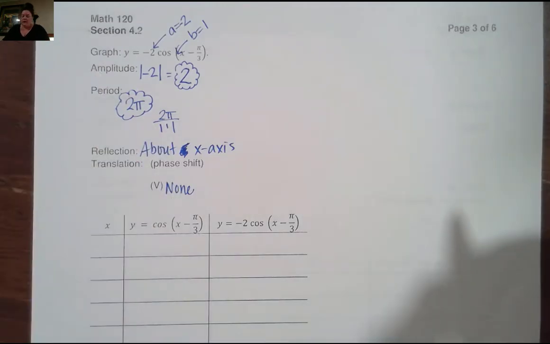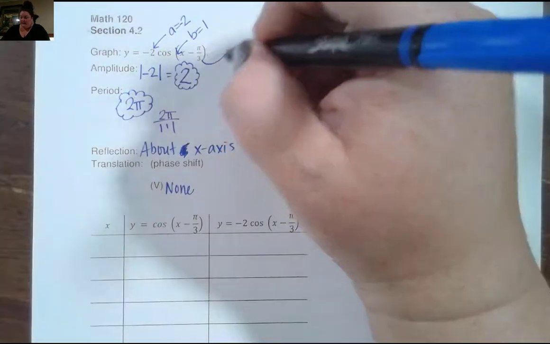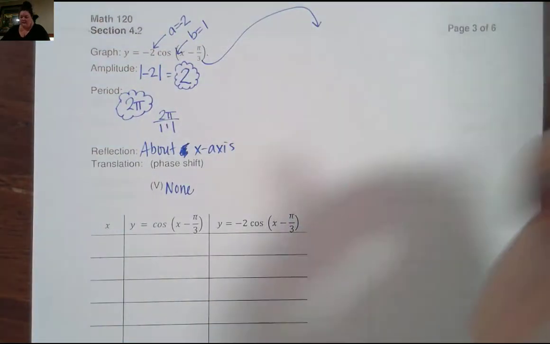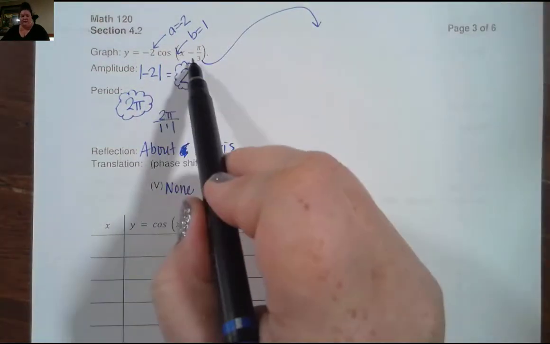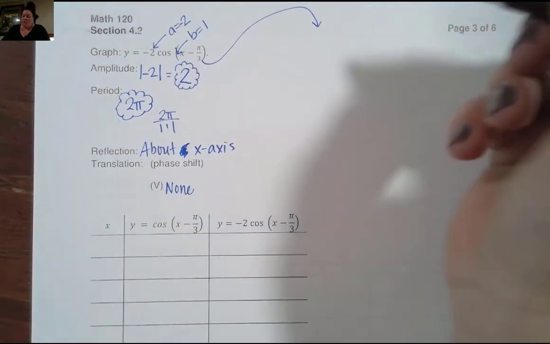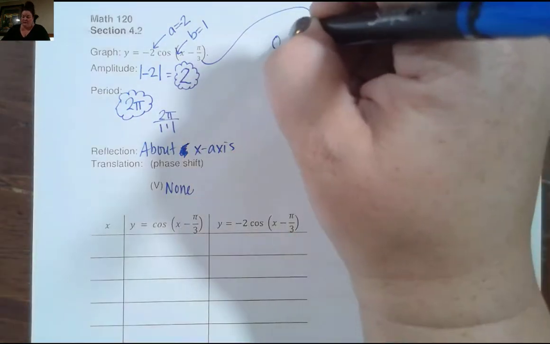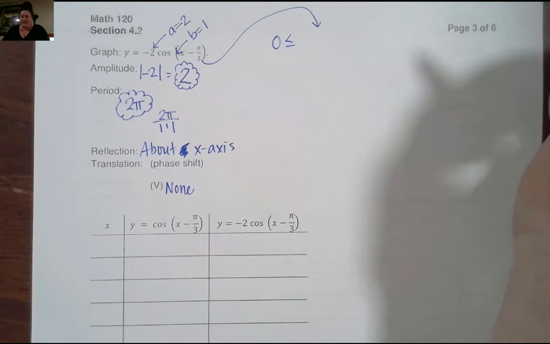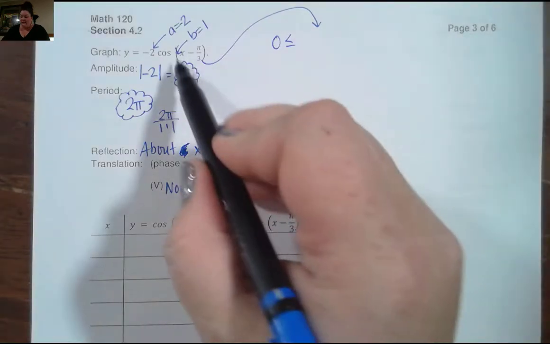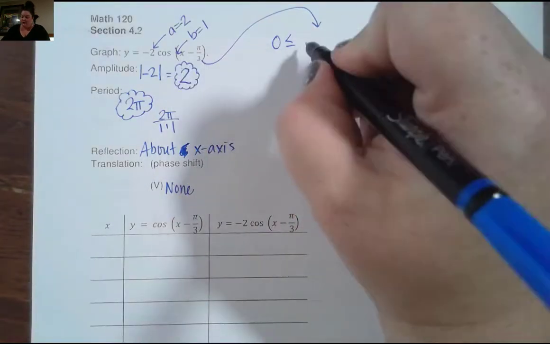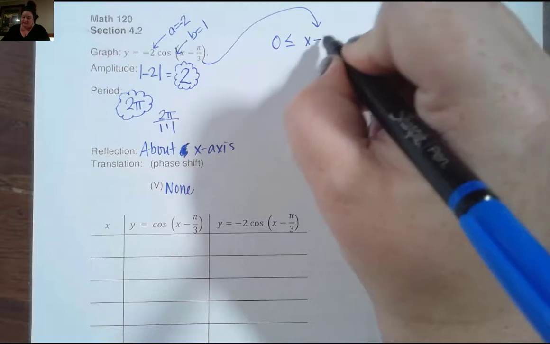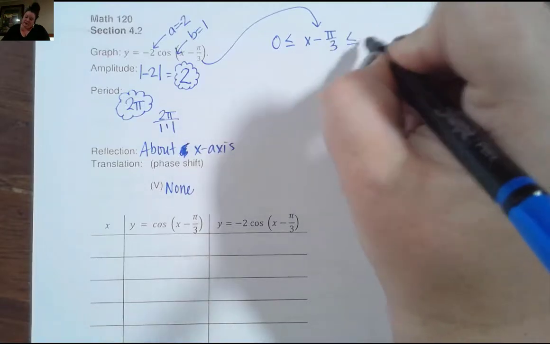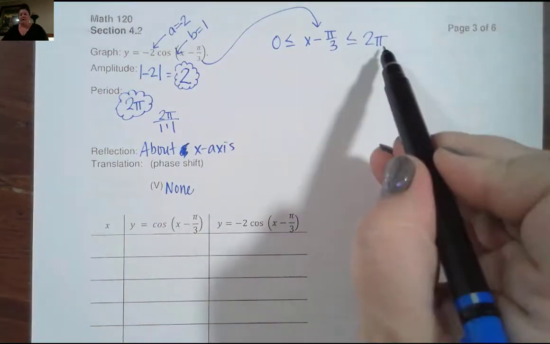Okay, all right, so let's go ahead and adjust our x's. Since it's not just cosine x in here, we know that something has happened. We know that cosine values we want to fall between 0 and 2 pi. So whatever is inside that cosine function, which in this case is x minus pi over 3, we want that to be between 0 and 2 pi.